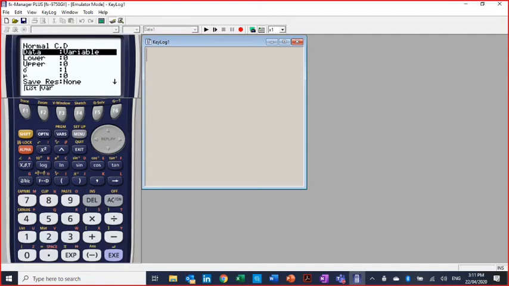Our lower limit was 120. Our upper limit was all there is. Oops, sorry, you have to push execute between them to go from one to the other. So 5 nines ought to do it.